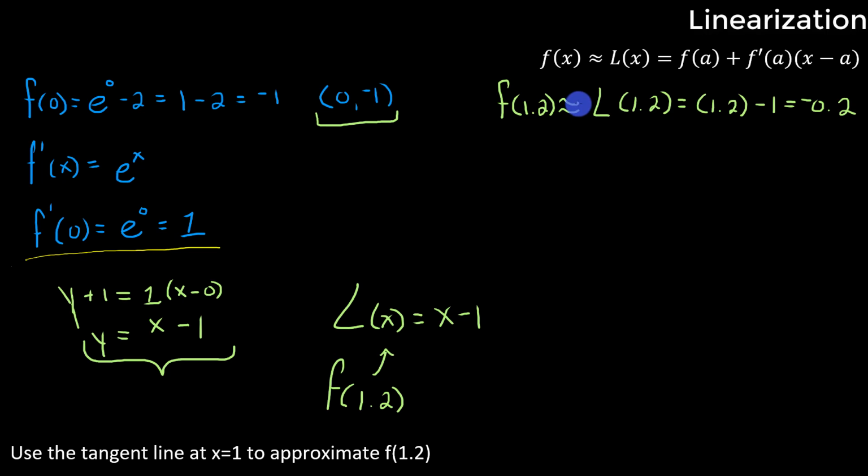And so let's pay attention to this really quick. I stated that the function evaluated at 1.2 is approximately equal to the linear approximation, which is true. The linear approximation is equal to this, because we already stated that this is an approximation. This over here is the approximation, so the approximation is equal to all this.